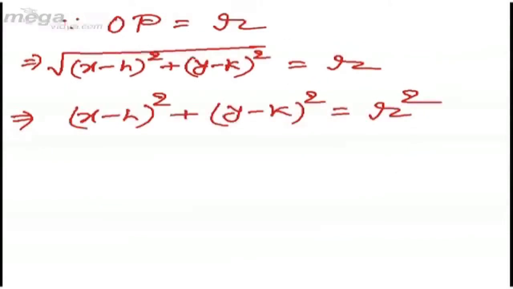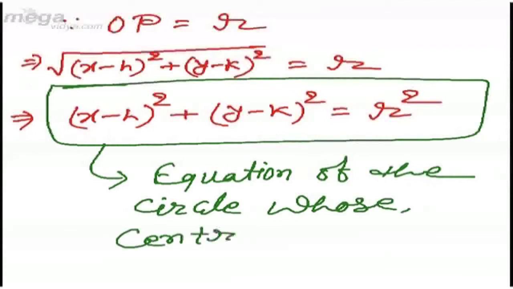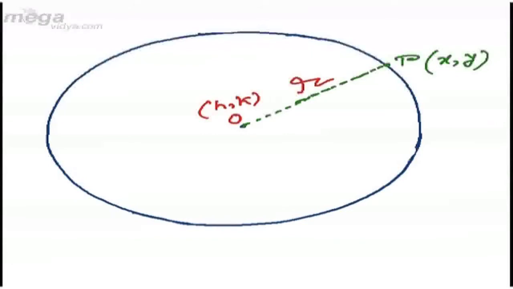So this will be the equation of the circle whose center is h comma k and radius is r, and x comma y will be any point lying on the circumference of the circle, like here. On the boundary of the circle, the coordinate of any point will be x comma y.